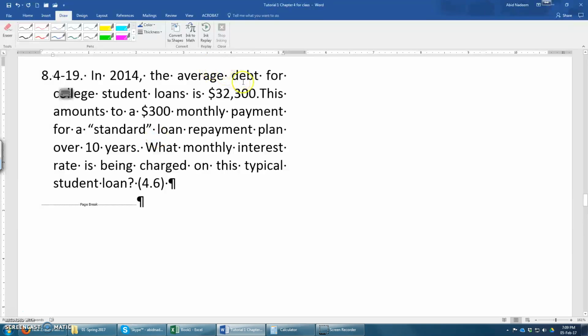So in this question you can see that the loan amount is $32,300, so that means P, the initial loan, is $32,300, and the monthly amounts of the repayment are $300.